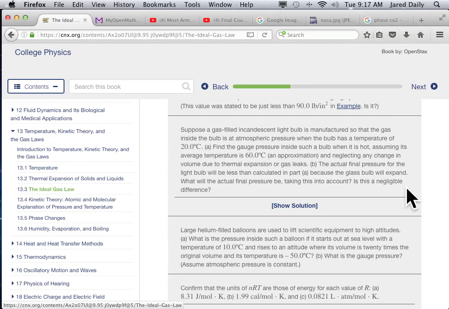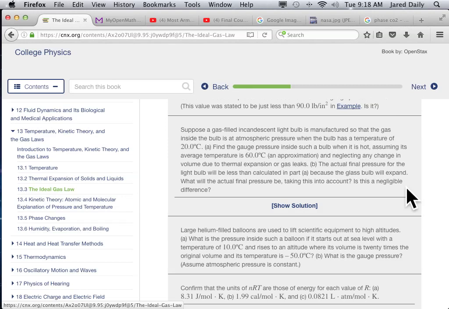And you use the ideal gas law, which is PV, pressure times volume, equals number of atoms N times k times T, or PV equals little n, the number of moles, times R times T. It can be either one of those, depending on the problem. There are different reasons why I would use one over the other.